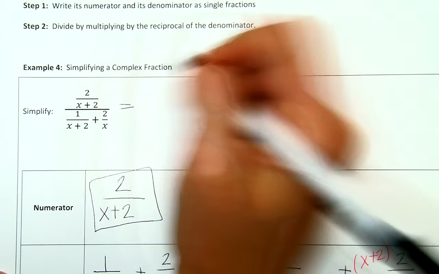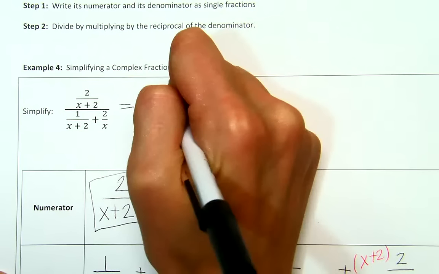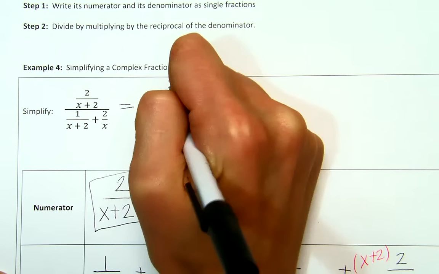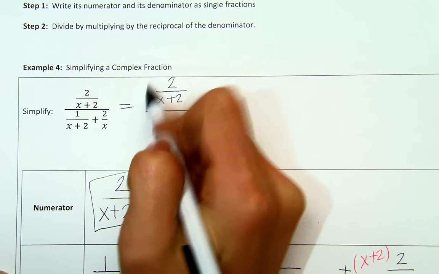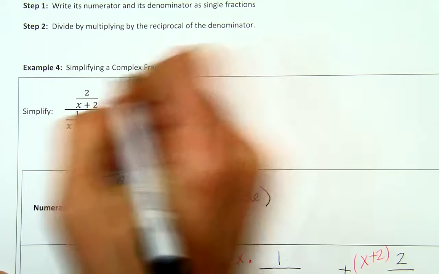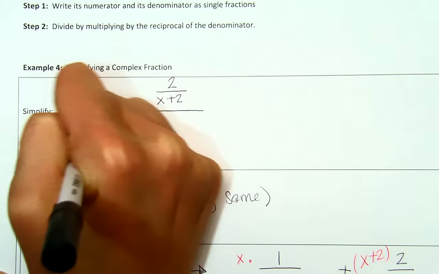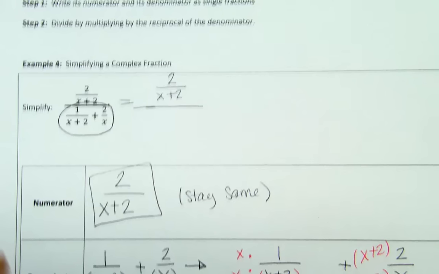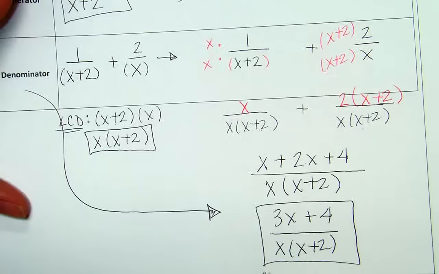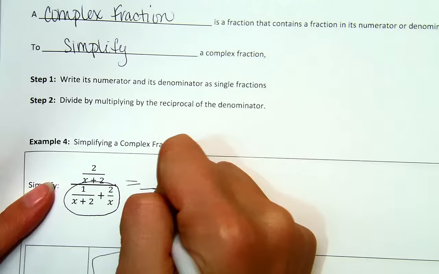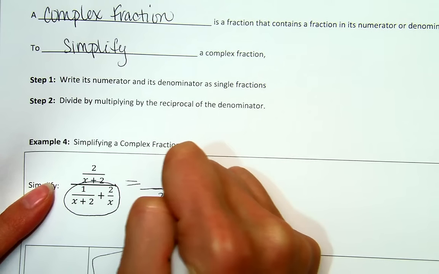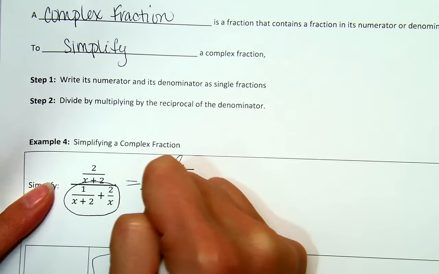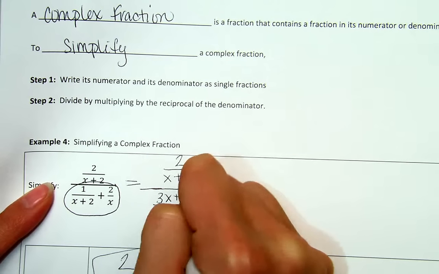So up at the top, I'm going to rewrite my numerator as the exact same thing I had before, divided by what I added below. This whole thing added together is going to be my new denominator, which is at the bottom. This gives me 3x plus 4 all over x times x plus 2.